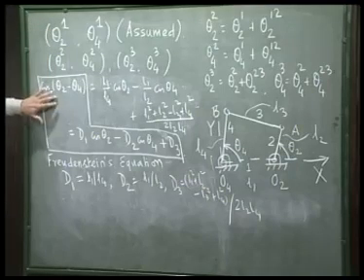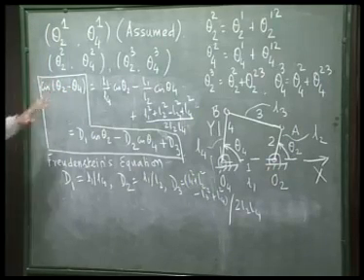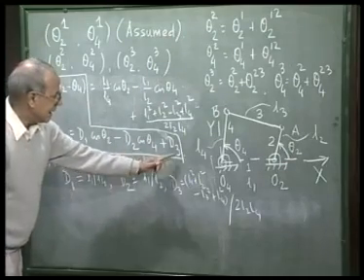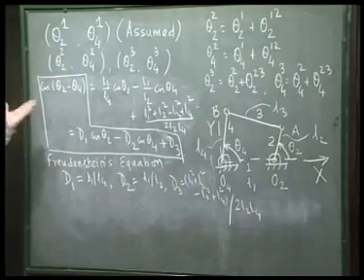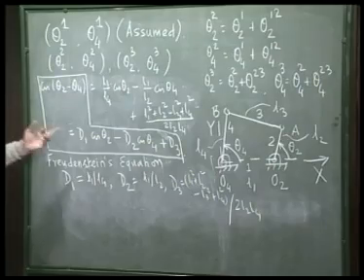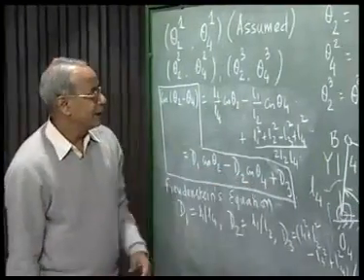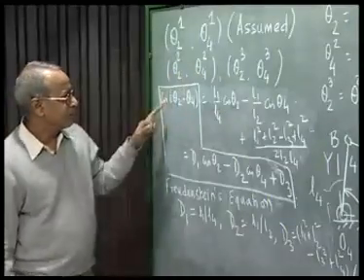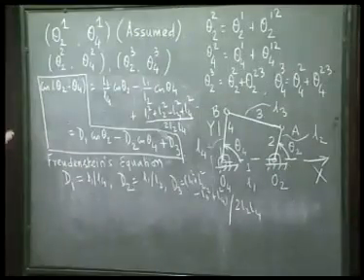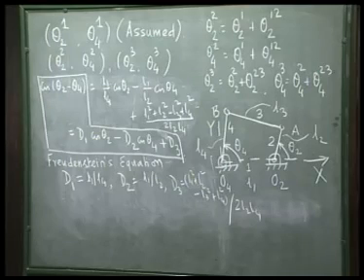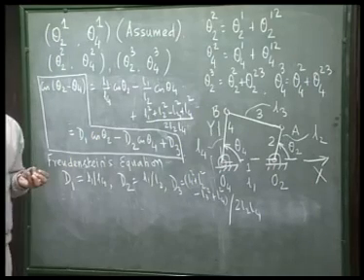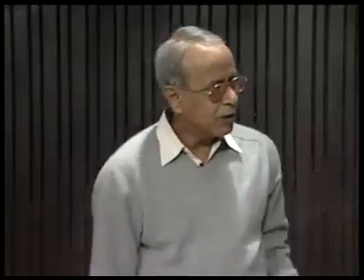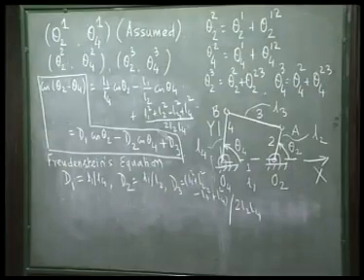Because the values of theta 2 and theta 4 are known, the only unknowns in these three equations are d1, d2 and d3. And this equation is linear, so I can easily solve for the three unknowns by substituting these three pairs of values of theta 2 and theta 4 to generate three equations. And this is what is known as Freudenstein's method of function generation for three position synthesis by a four-bar linkage.